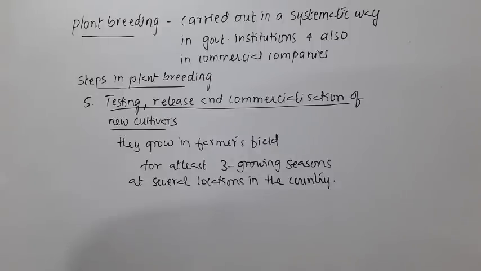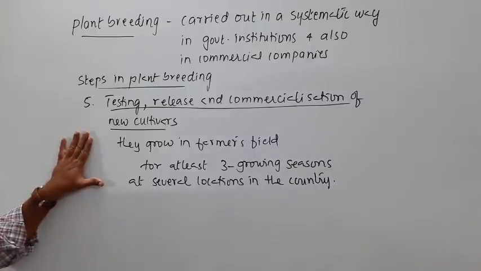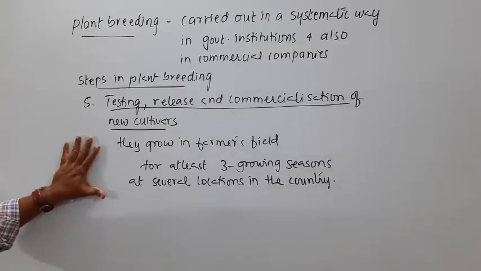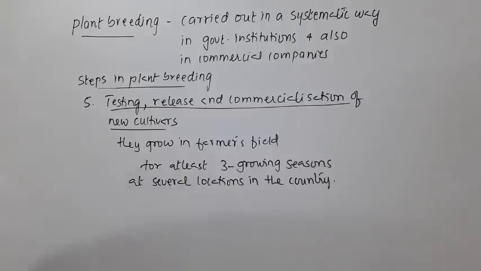So this is how the plant breeding steps work, and they are in fact very important for the board exam, as a 5 marks question they usually like to ask, and also for the NEET.